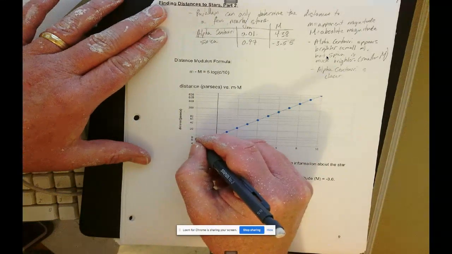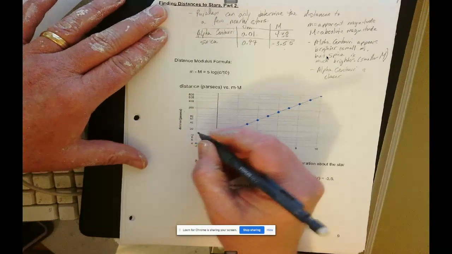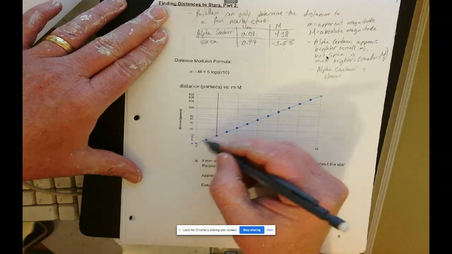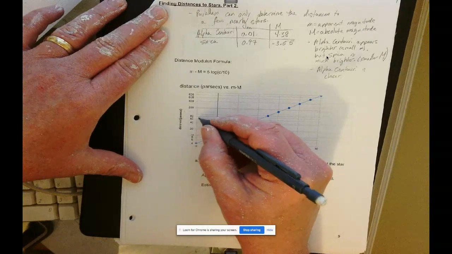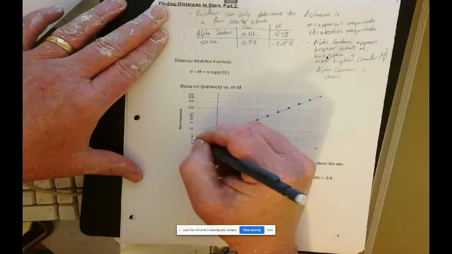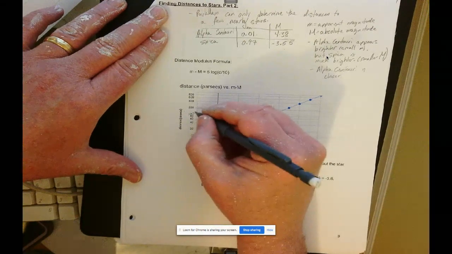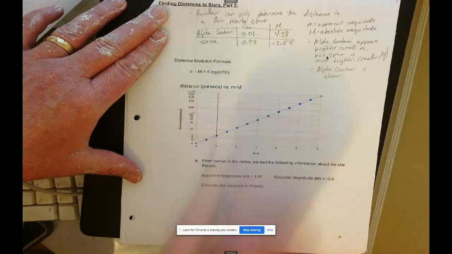See, here's 8, and they're going up by 2, 4, 6, 8, so this one's 10. And this is what's called a logarithmic scale. At first, it's going up by 2, and then it starts going up by 20, 20, 40, 60, 80. This would be 100. And then it goes up by 200. So 100, 200, 400, 600, 800. So that line right there is 1,000.